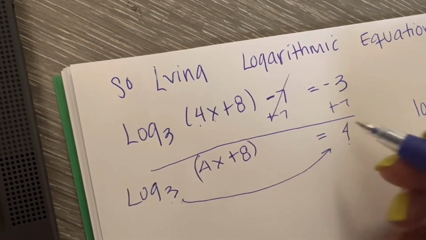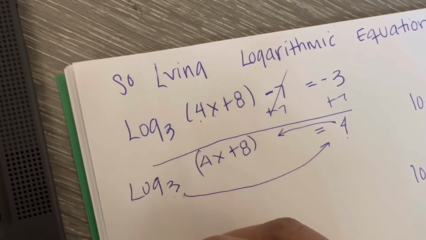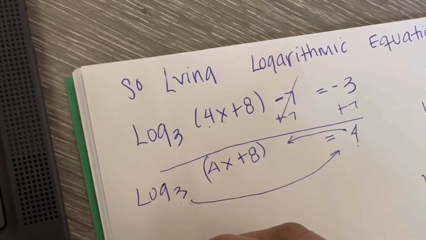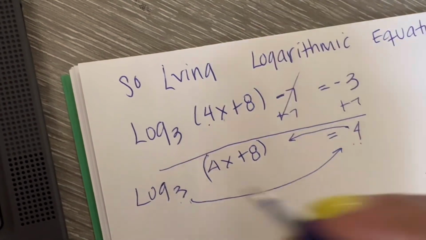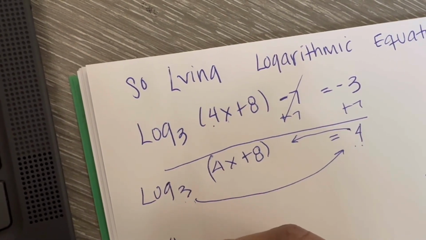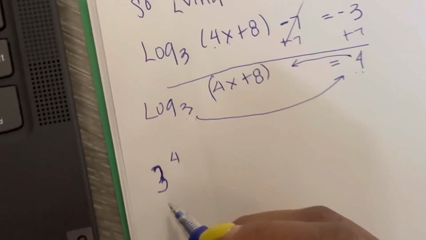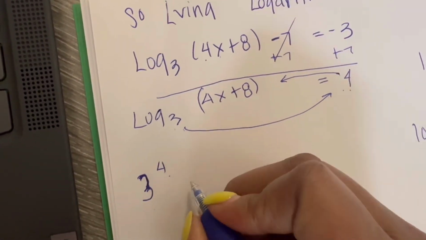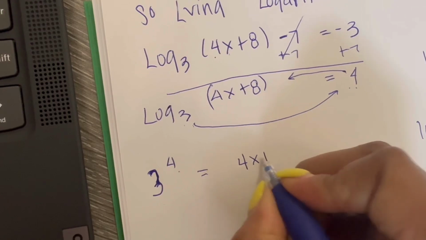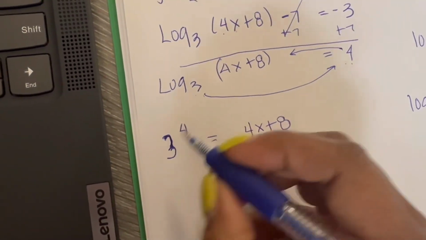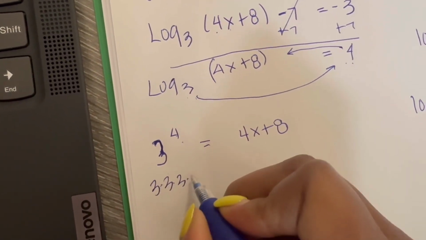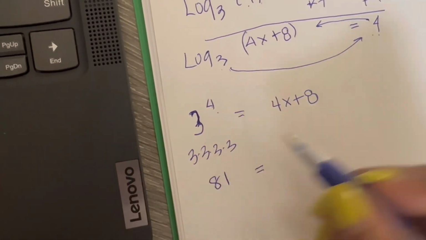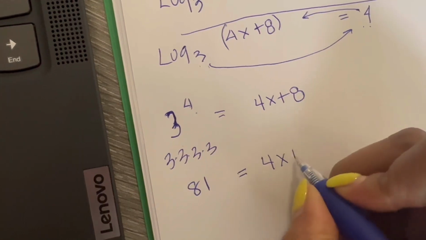So show your arrow. Log, or 3 to the 4th power equals our argument. 3 to the 4th power means 3 times 3 times 3 times 3, which is 81. 4 3's being multiplied by each other.